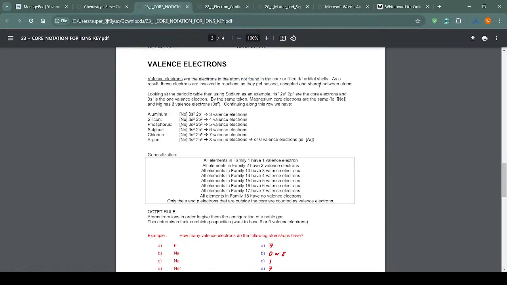Not found in the core or filled d-f orbital shells. As a result, these ones get passed. Magnesium has the same and has 2 valence electrons, 3s2.